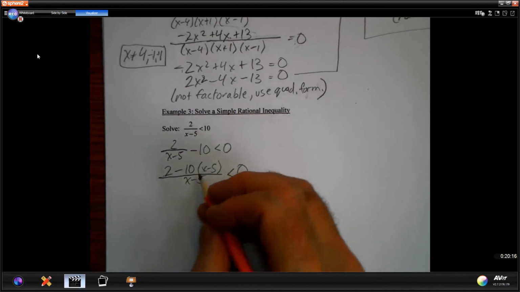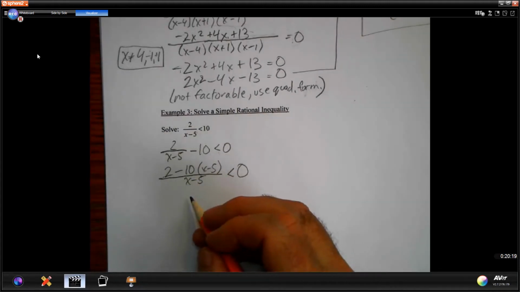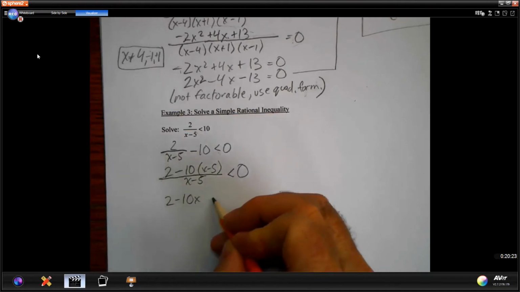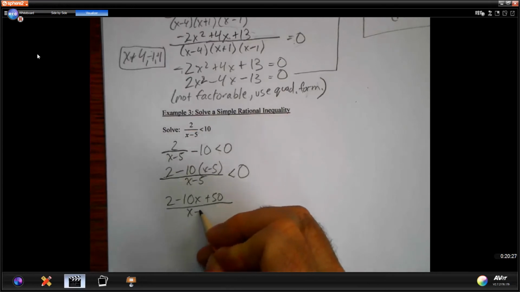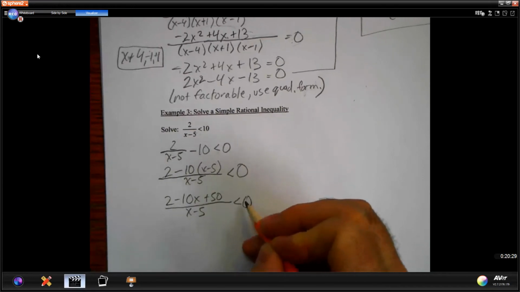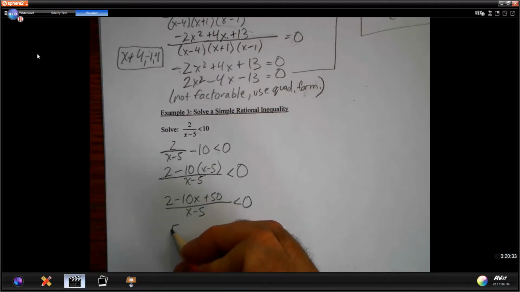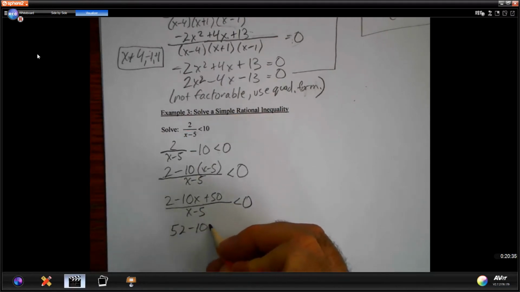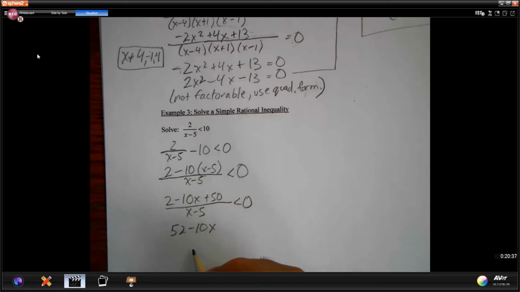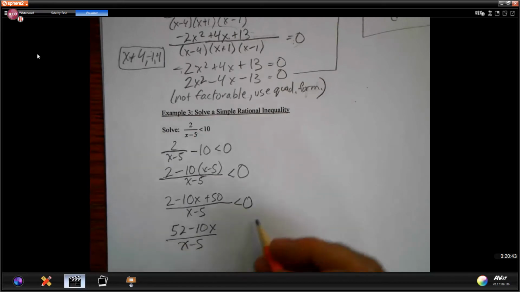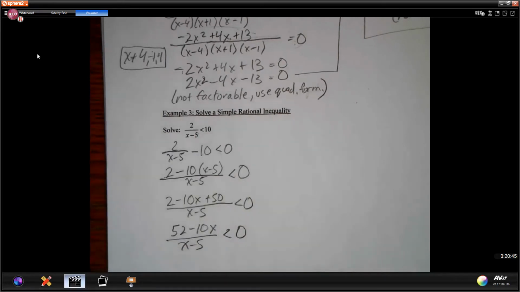When I expand and simplify this, first let's expand. So 2 minus 10x plus 50 over x minus 5 is less than 0. And I can add the 50 and the 2 together, so I get 52 minus 10x over x minus 5. So this is a true rational expression now.